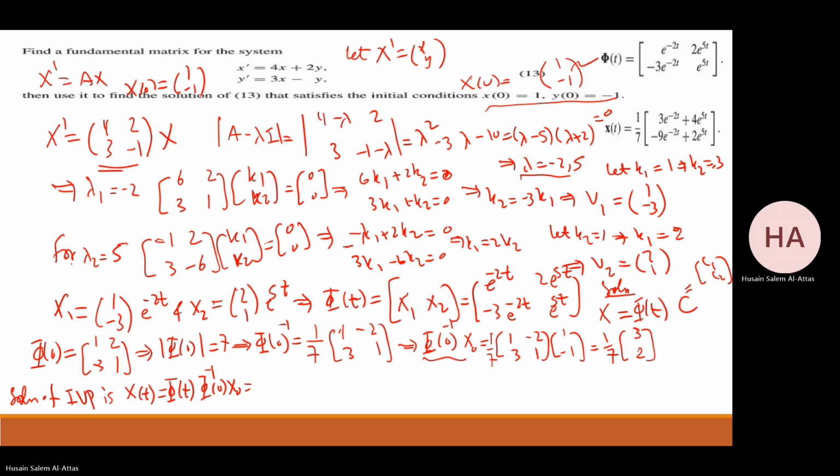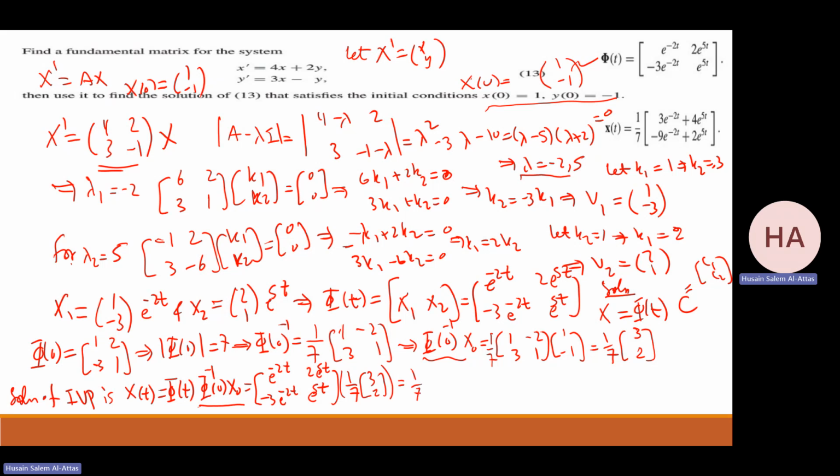What is it? It's this: e to the minus 2t, 2e to the 5t, minus 3e to the minus 2t, e to the 5t, times, I know this, I just calculated. Don't forget there is 1/7, times 3 and 2.